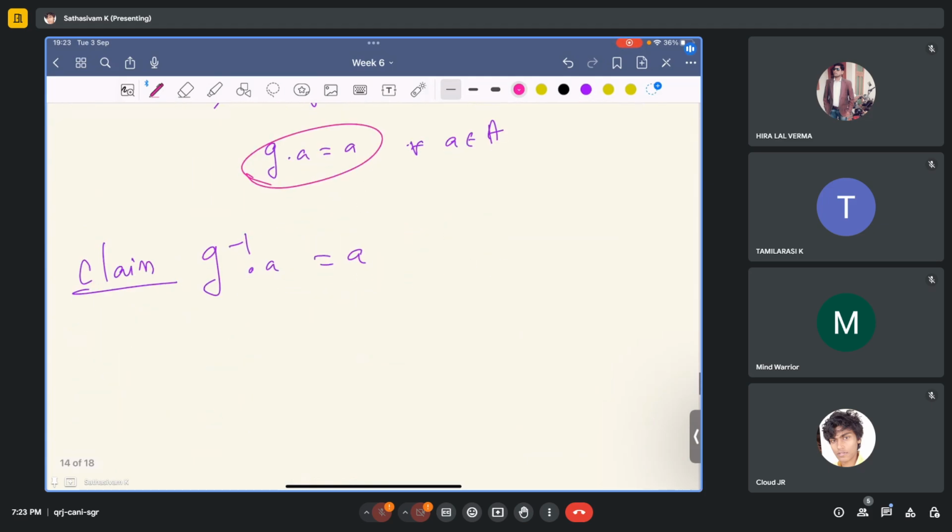So let's prove G inverse dot A equal to A for all A in A. This is what we want to prove.